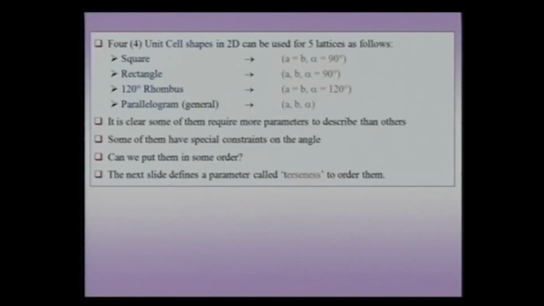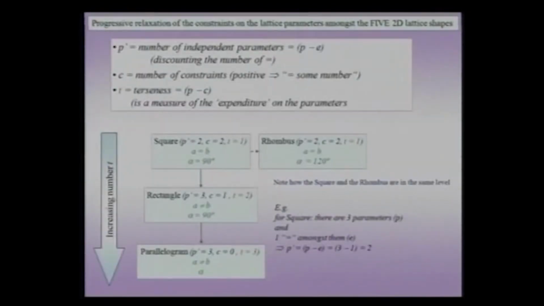Another point we considered, that there are 4 typical unit cells which we can use to describe these 5 lattices possible in 2 dimensions, and these unit cells are the square, the rectangle, the rhombus, and the general parallelogram. Further, what we did was that we tried to sort these unit cells in terms of the expenditure on the parameters.